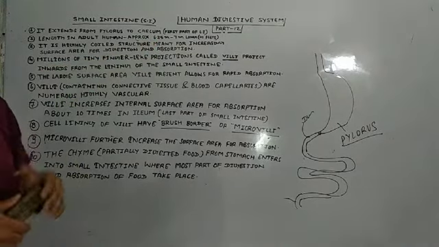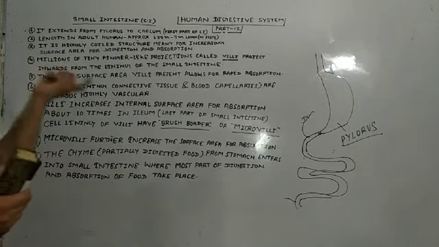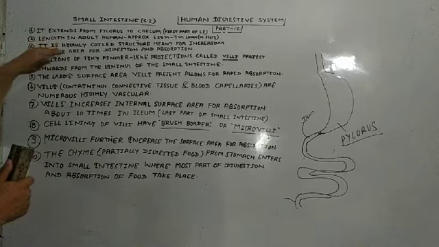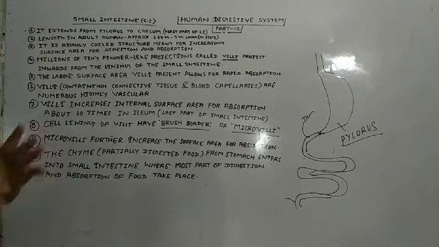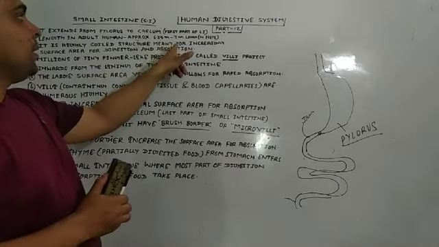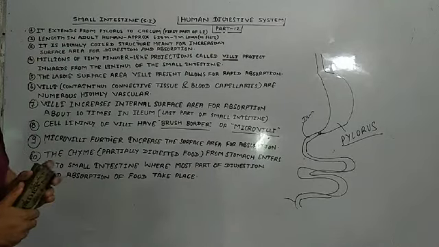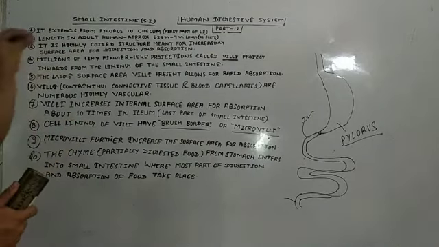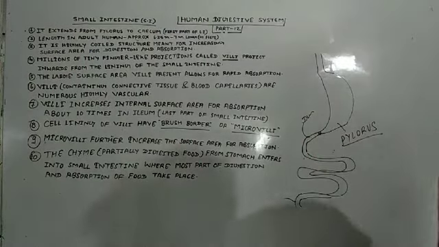And why is it so highly coiled? If somebody asks you why it is found in this manner, the answer is that it is meant for increasing the surface area for digestion and absorption. In further videos, we will study that most of the digestion and absorption takes place in the small intestine.